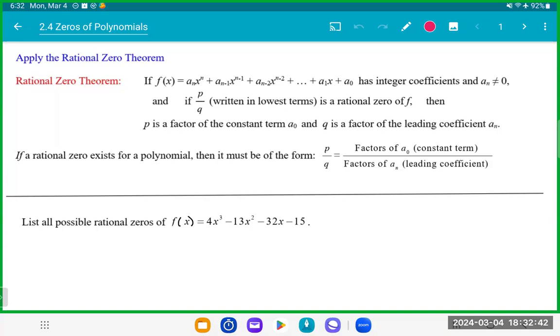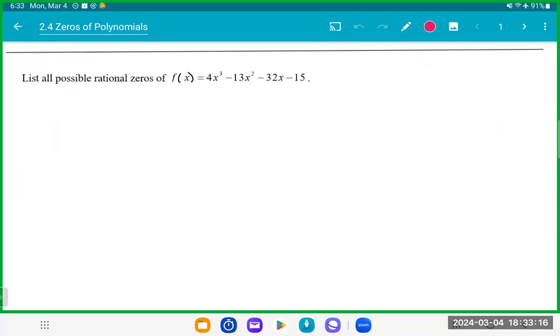If you look at that very bottom sentence, it's saying if we take the factors of the last term in our polynomial and divide that by the factors of our leading coefficient, any combination of those will be possible zeros for our polynomial.